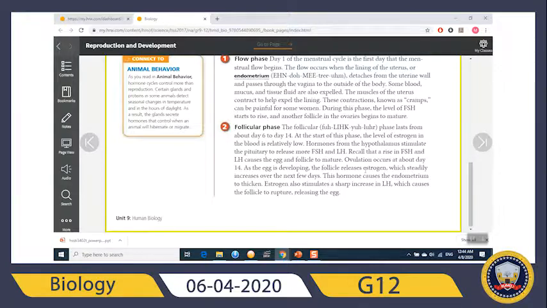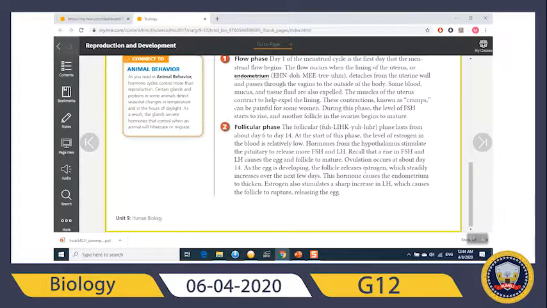In this phase, the level of estrogen in the blood will be relatively low. Hormones from the hypothalamus will stimulate the pituitary gland to release more FSH and LH. FSH and LH will cause the egg and follicle to mature.